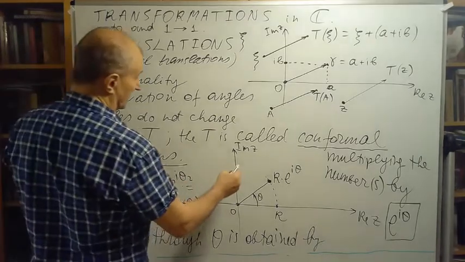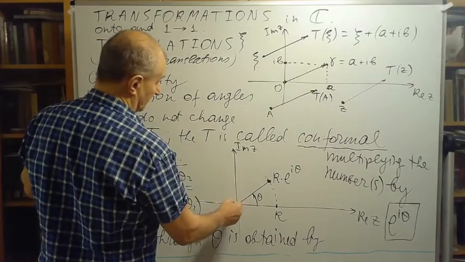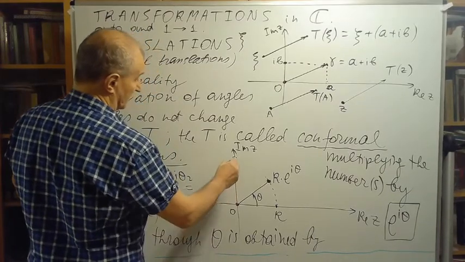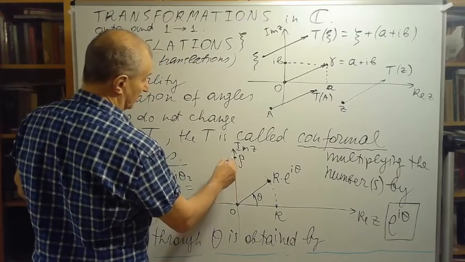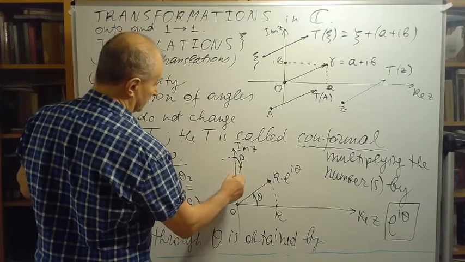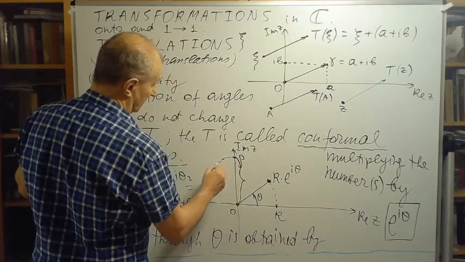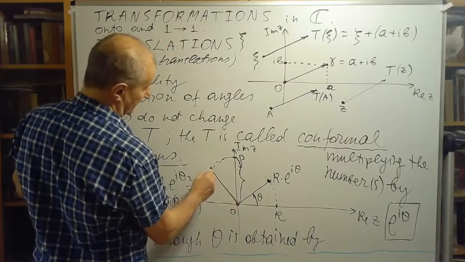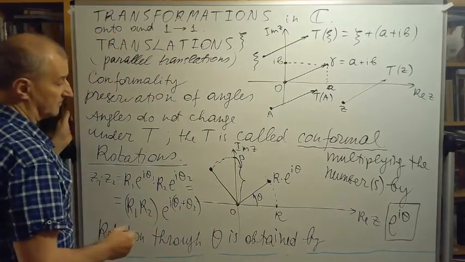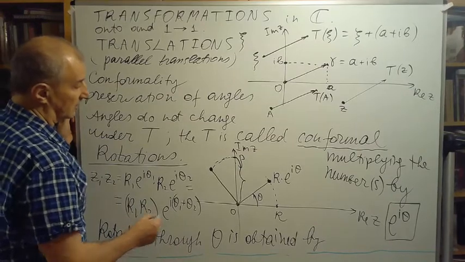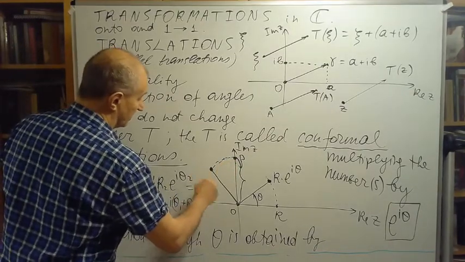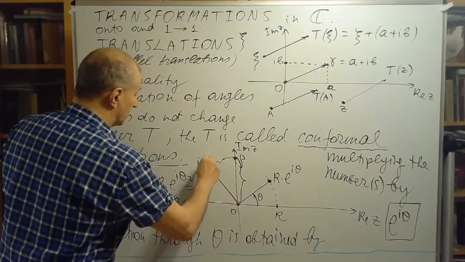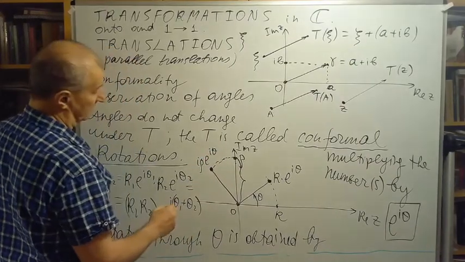angle theta. So for instance, if we have some number at distance rho on the imaginary axis, then rotating through angle theta, we will obtain this number, right? And this number will be the original number, i rho, multiplied by e to the power i theta.